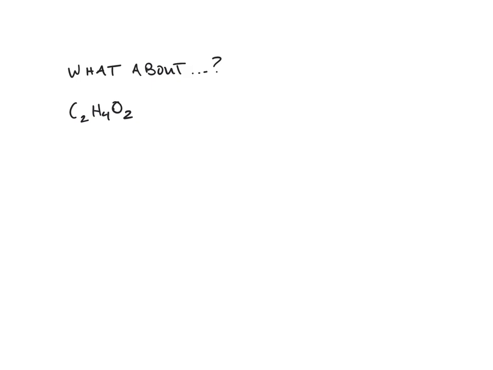Okay. So if you looked at this C2H4O2, you probably came up with some very different structures. Off the top of my head, I'm going to draw a couple out. I put the carbons in a row. I'm going to put an oxygen here. I'm going to put a double bond here. This is one that comes to mind, and then I have these 3 hydrogens.